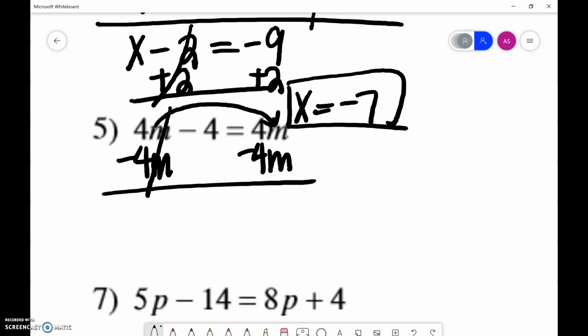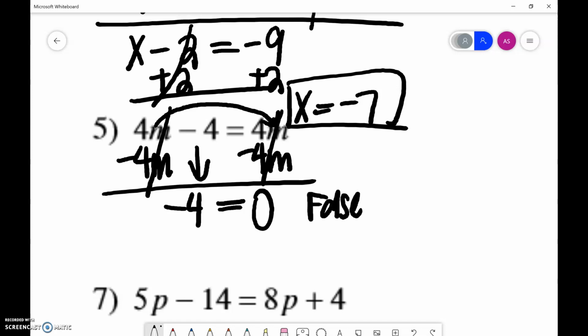So here I'm going to have 0, but I still have my negative 4, so I'm going to bring that down on the left side. And here, this cancels out as well, but I have nothing else to bring down, so I'm going to actually write in 0. Then I just ask myself, is negative 4 equal to 0? And that is false. And anytime you get a false statement, that's going to mean no solution.